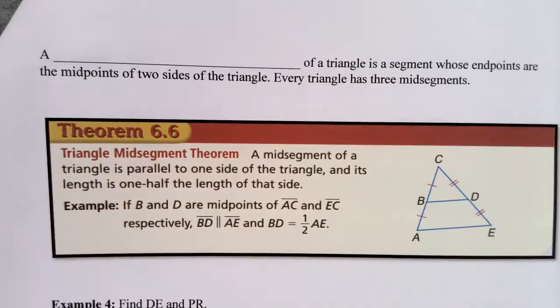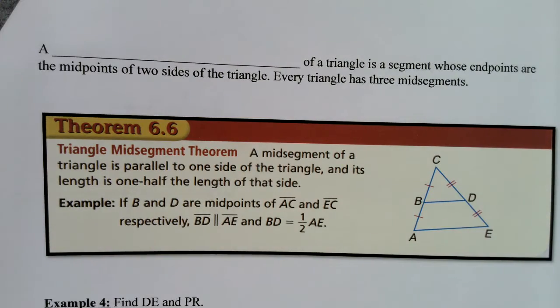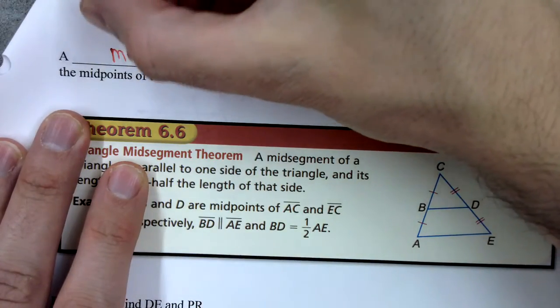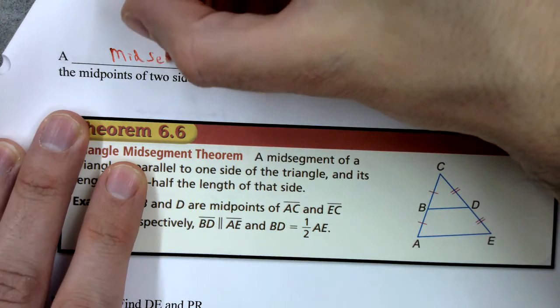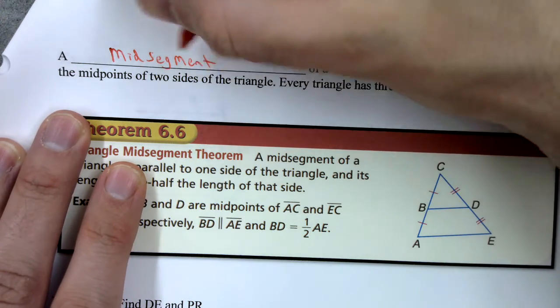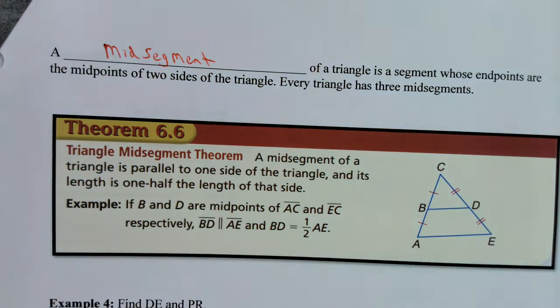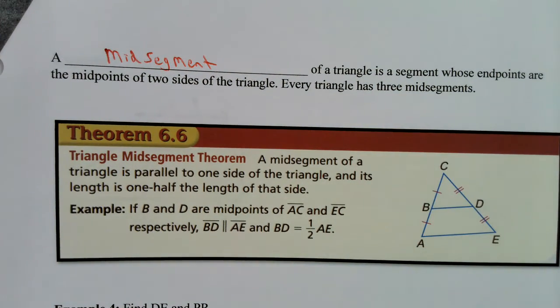Okay. This next definition is called a midsegment. A midsegment of a triangle is a segment whose endpoints are the midpoints of two sides of the triangle.